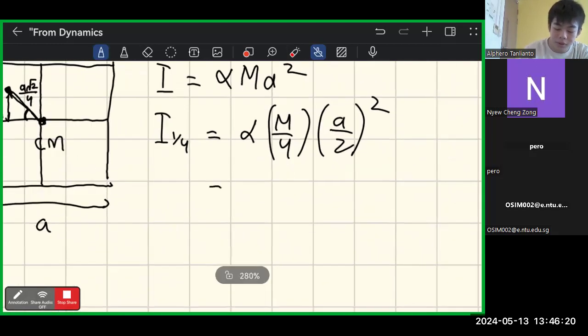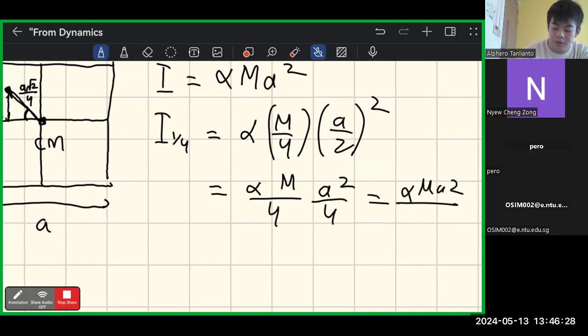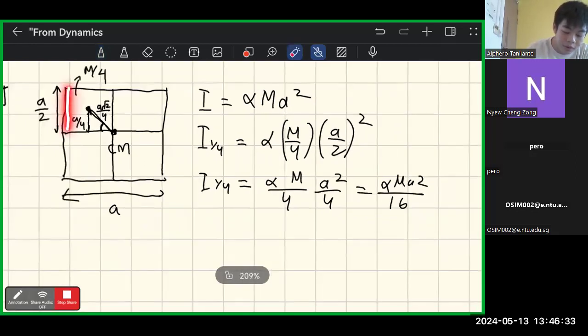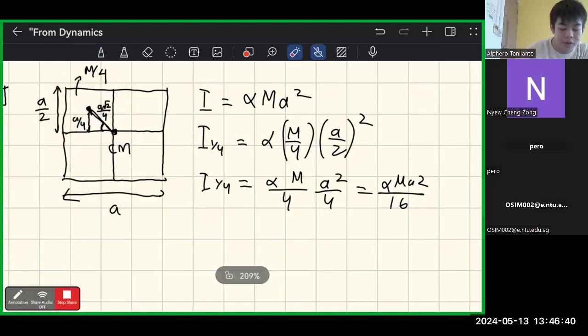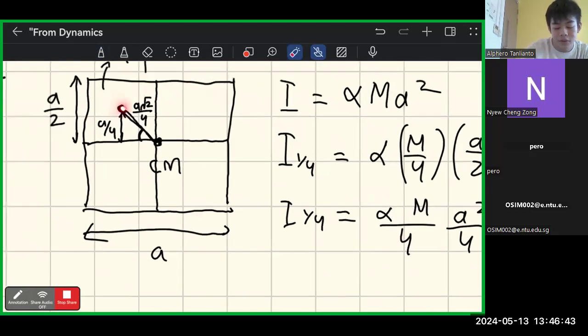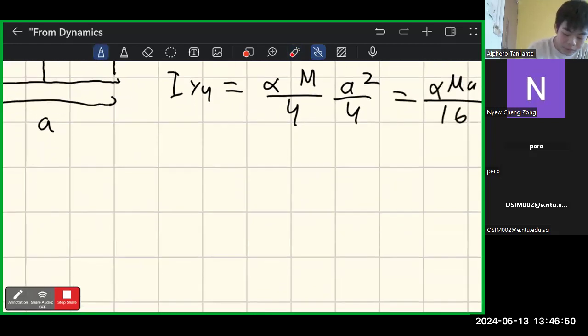So it's going to be alpha m over 4 times a squared over 4, which is alpha m a squared over 16. And if we move this from the center of mass of this 1/4 into the middle, we just add its mass multiplied by the distance squared. The distance is square root 2 over 4.